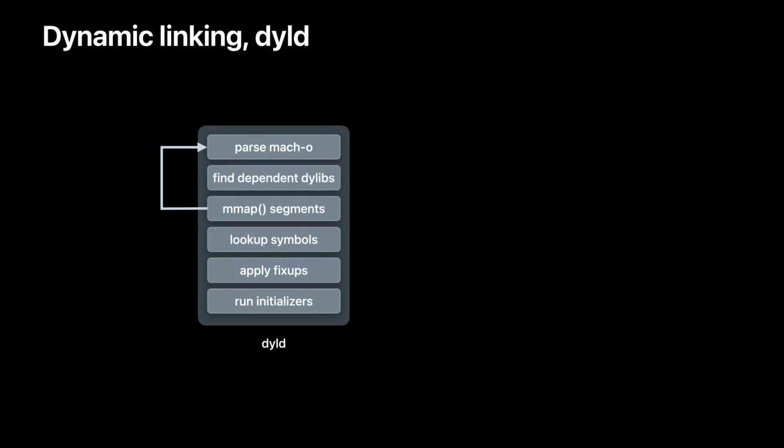Then, for each of those, it recurses and parses their Mach-O structures, loading any additional dylibs as needed. Once everything is loaded, dyld looks up all the bind symbols needed and uses those addresses when doing fixups. Lastly, once all the fixups are done, dyld runs initializers bottom up.